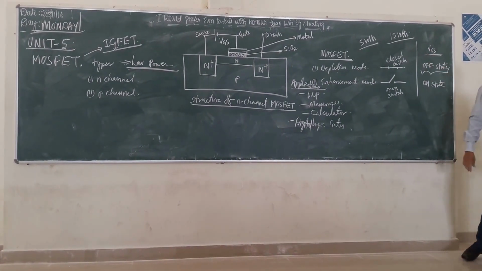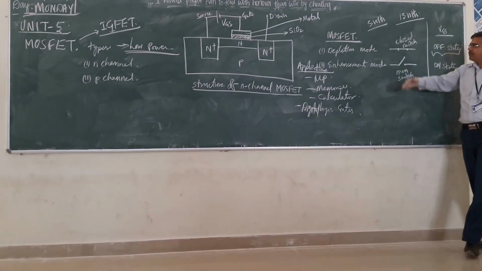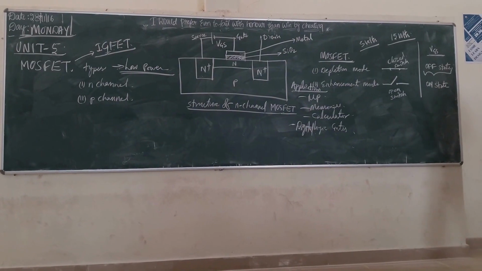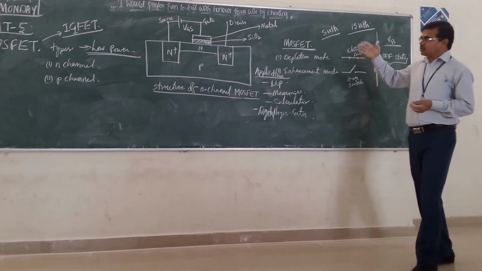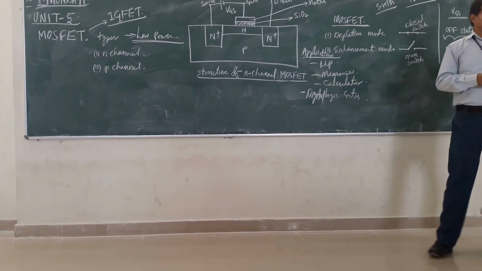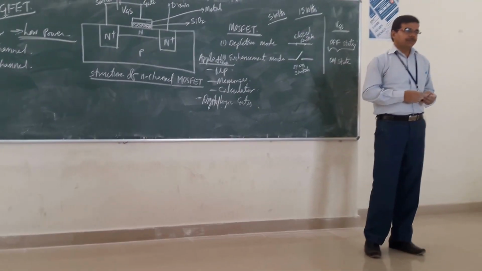For any analog circuit, 15 volts is required, and for digital it is 5 volts maximum. As we are switching from high voltage to low voltage, we are going for MOSFET technology.